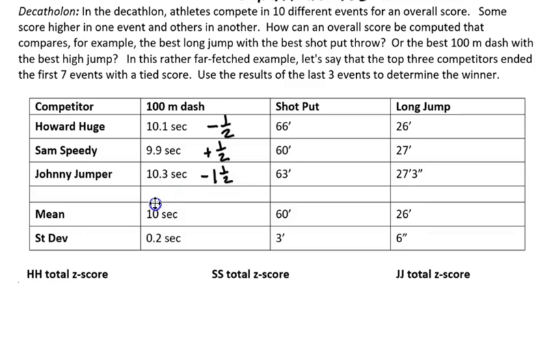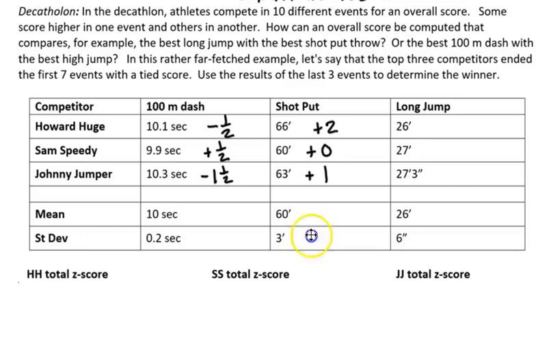Now in shot put, the mean was 60 feet and the standard deviation was 3 feet. So Howard Huge is +2 standard deviations above the mean in his shot put. Sam Speedy is right at the mean with 0, and 63 is +1 standard deviation. So they all did at least as well or better than average in the shot put.